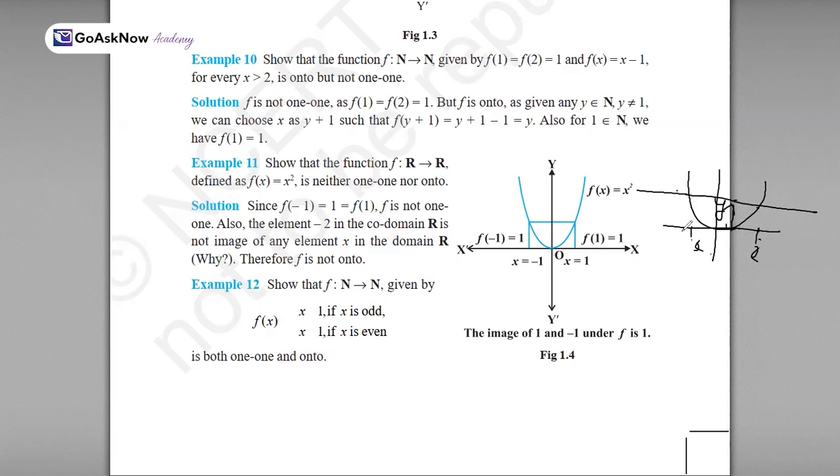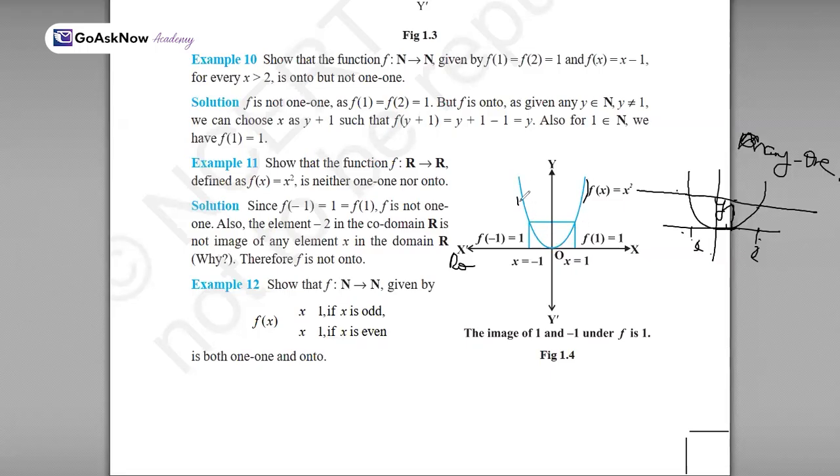So it is not one-one, it is a many-one function. Okay, and the onto property is also not satisfied here, because your domain is real numbers, but the range is only positive real numbers.